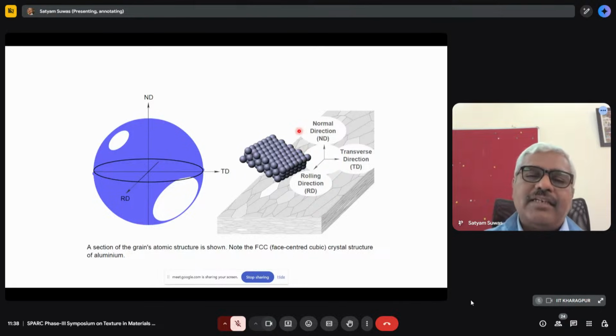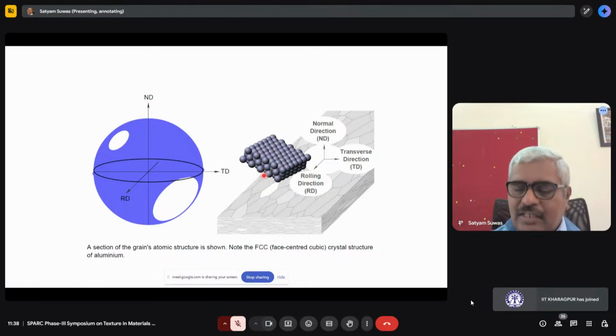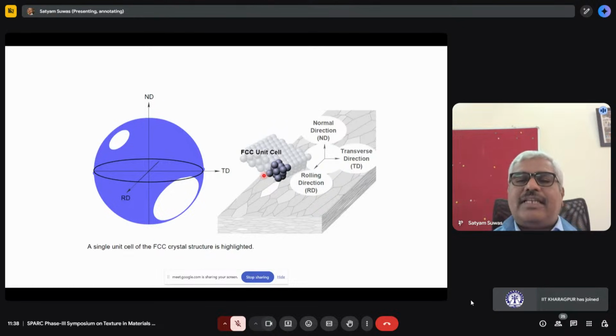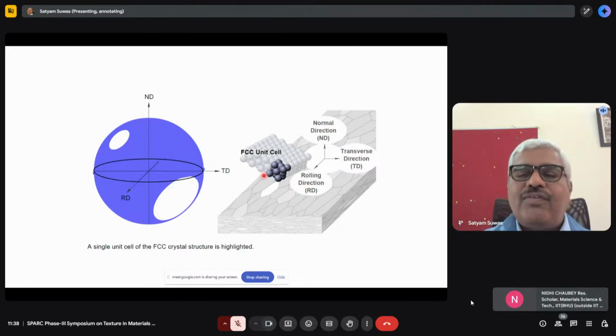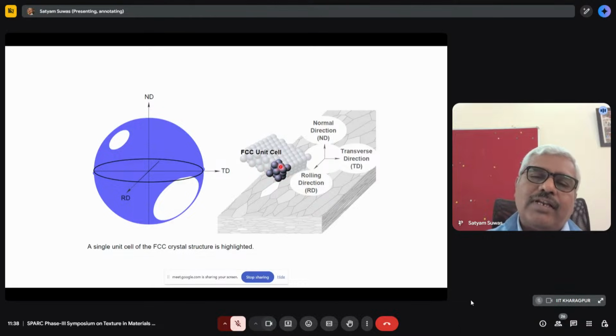Now what we are going to do is, from this combination of lattice points, we construct a unit cell, because this is basically composed of lots of unit cells together. So we have a unit cell here, that is one unit cell that represents the FCC unit cell, right?